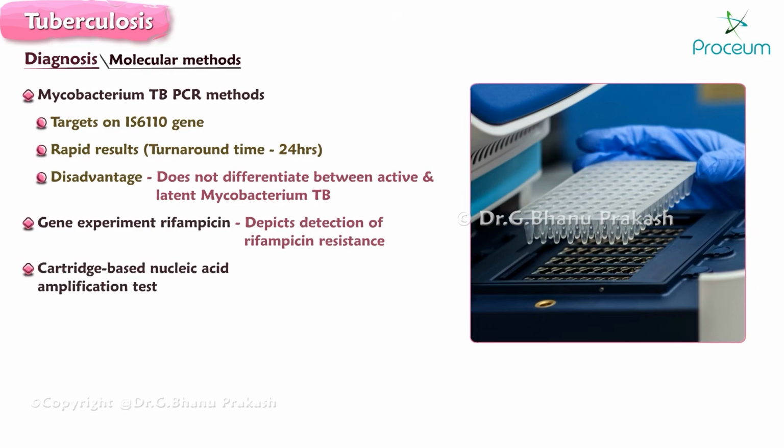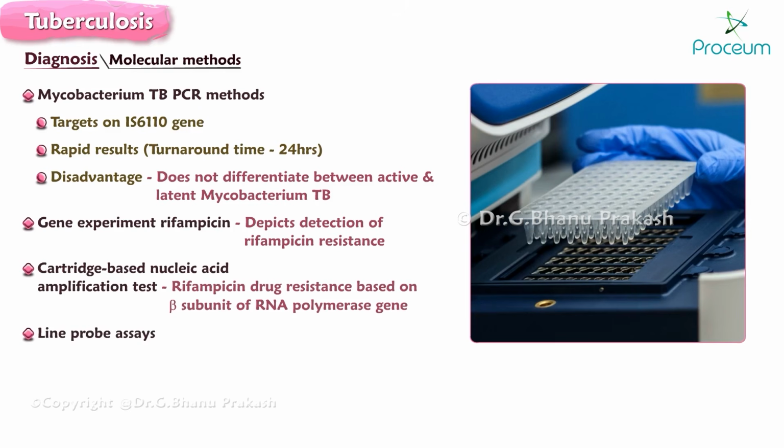Cartridge-based nucleic acid amplification test: rifampicin drug resistance based on the beta subunit of the RNA polymerase gene is also detected. Line probe assays are a polymerase chain reaction-based method in which multi-drug resistance is also detected.